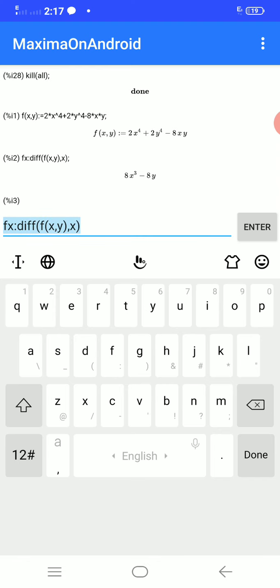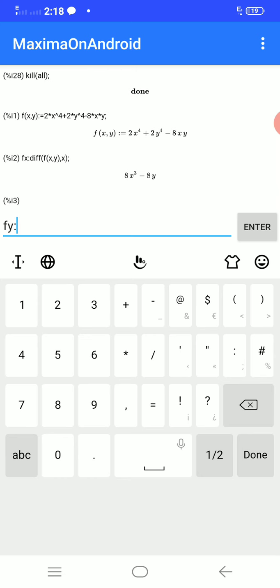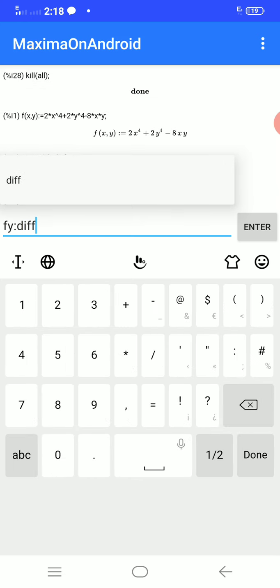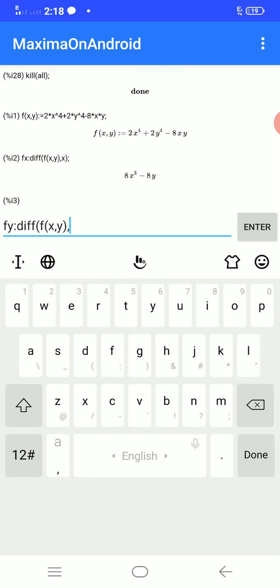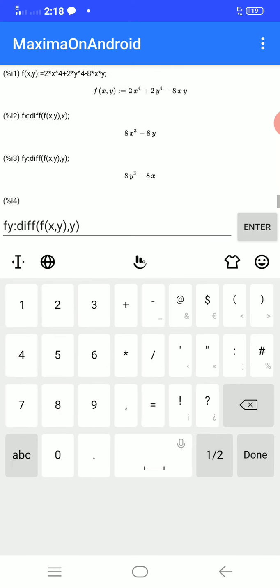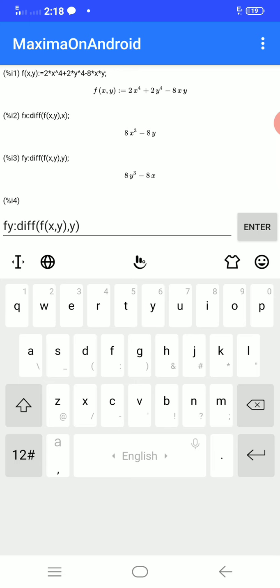Next, differentiating the function f with respect to y. Using fy colon with syntax diff(f(x,y), y), then enter. So we get 8y^3 - 8x.